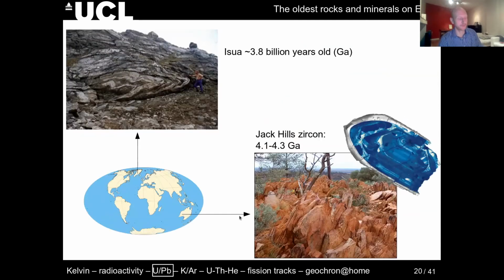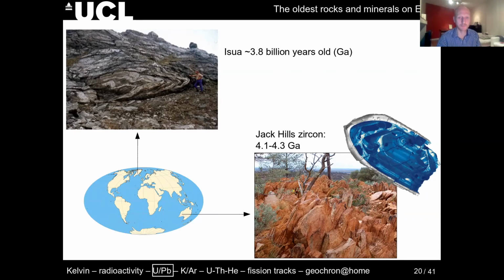Uranium-lead is a very powerful method to date the crystallization age of rocks that originally formed from magma, and any rocks that are then subsequently produced by the erosion of those magmas and preserved as sediments, or rocks that were initially crystallized from a magma, turn into sediments, then buried, melted again, and recycled in a new magma. So all these different processes can be dated with the uranium-lead method.